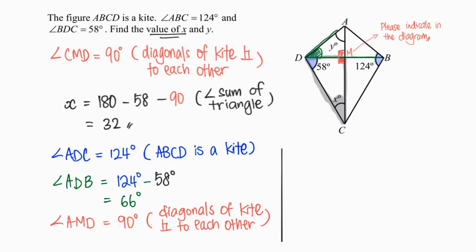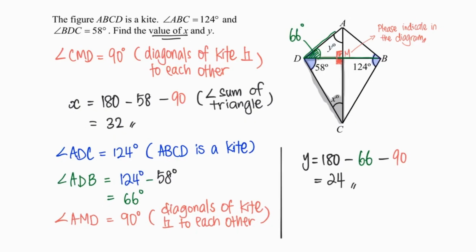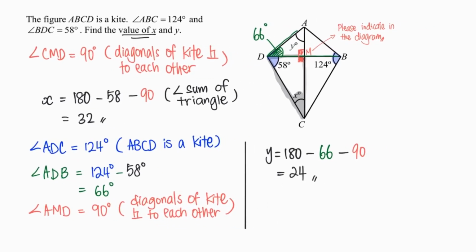So my y will be equal to 180 minus away my 66, minus away my 90, to give me final answer 24. And this is angle sum of triangle.